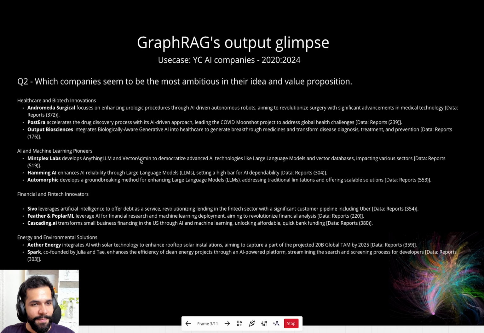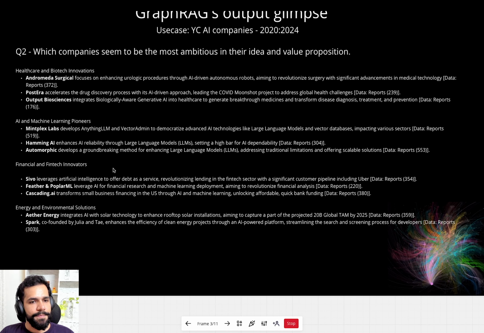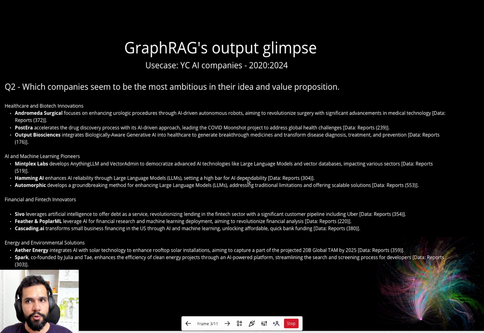Same goes for AI and machine learning to democratize advanced AI technologies and impacting various sectors. So democratization makes it more ambitious, I guess. Fintech, debt as a service, revolutionized lending in the fintech sector with a significant customer pipeline, including Uber.